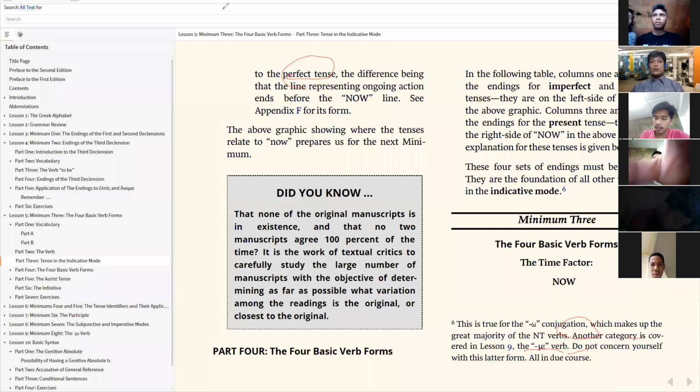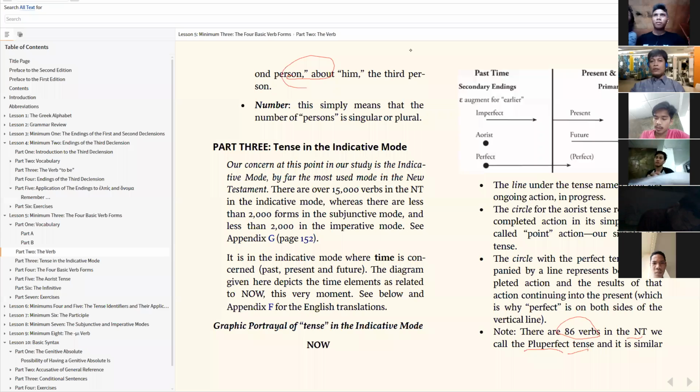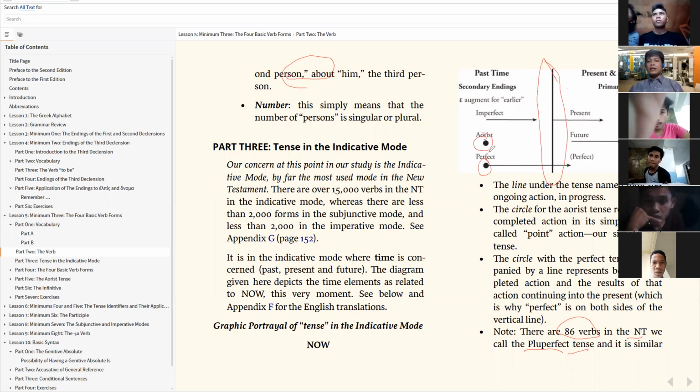Right, let us go back to that now line here. So the now line is this one, okay? This is the now line, right? This is the punctiliar line. So the pluperfect is here.